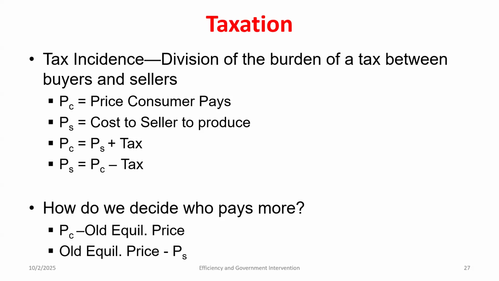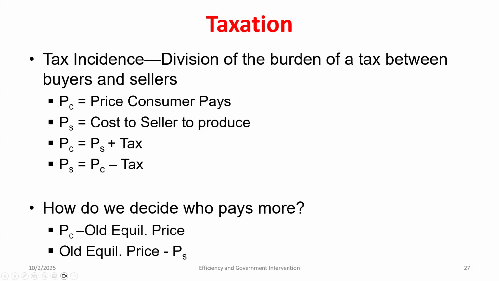We could calculate the actual surplus values before and after a tax. If consumer surplus goes down by more than producer surplus, we would say that consumers are bearing more of the burden of that tax. They're impacted negatively in a larger way. What will also indicate that to us is simply looking at the difference between the price the consumer is paying and the old equilibrium, and comparing that to the difference between the old equilibrium price and the price the seller now keeps.